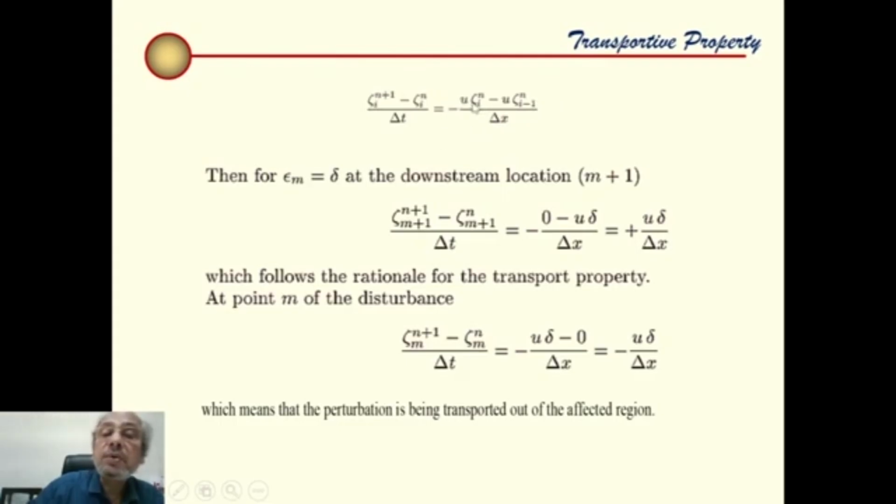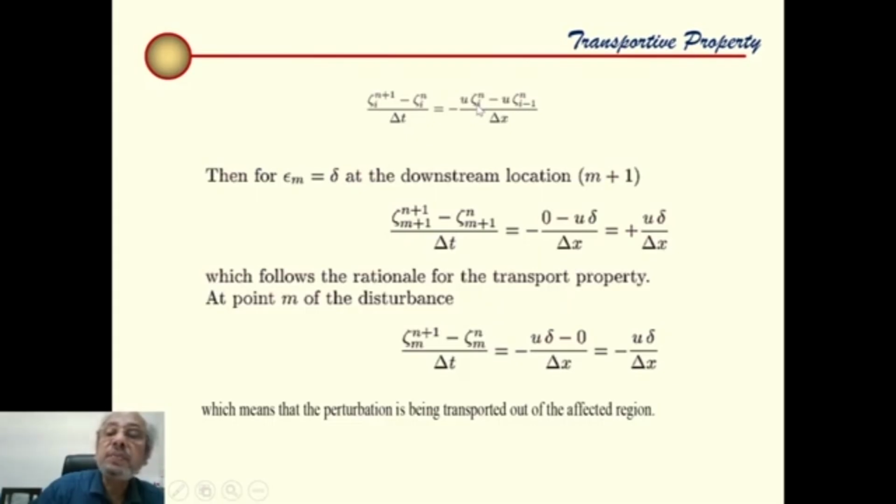That means we know now that U is positive, so the difference is U zeta i minus U zeta i minus 1. Again, we are perturbing at the mth location, and then we will see what is happening at m plus 1. So we substitute i by m plus 1, and this is at m plus 1.